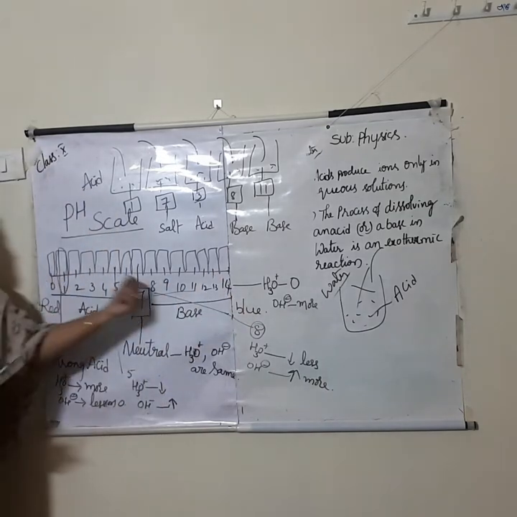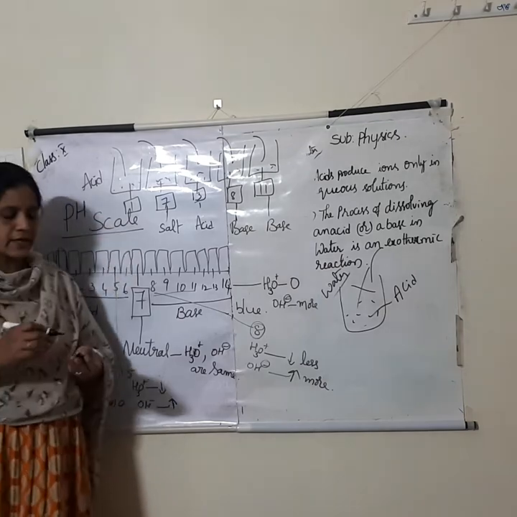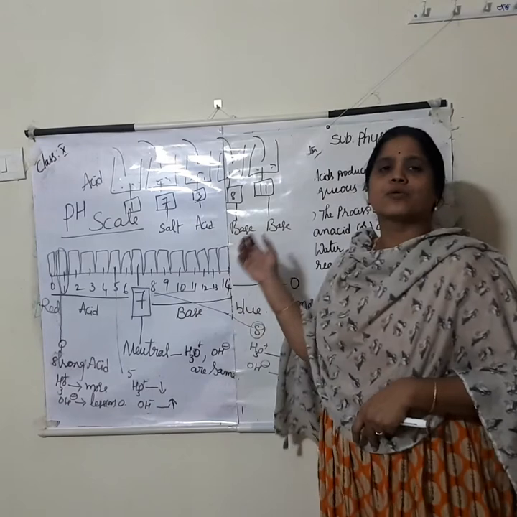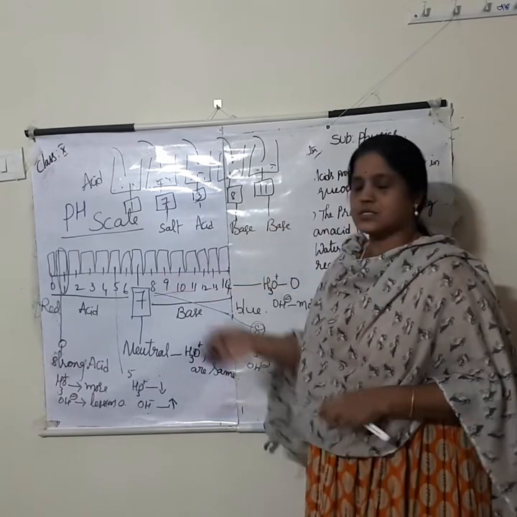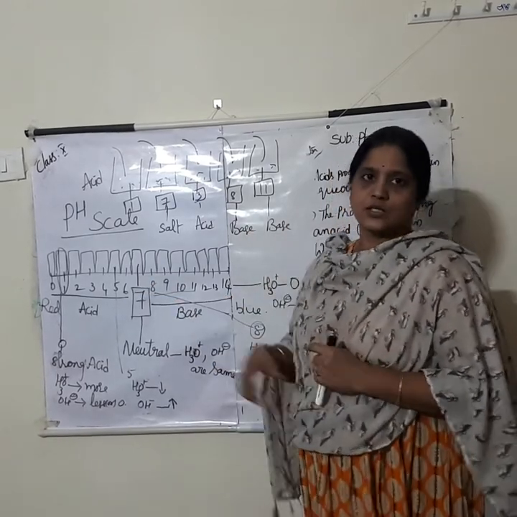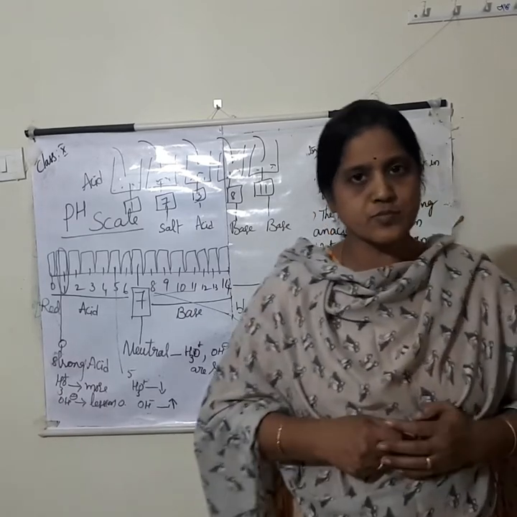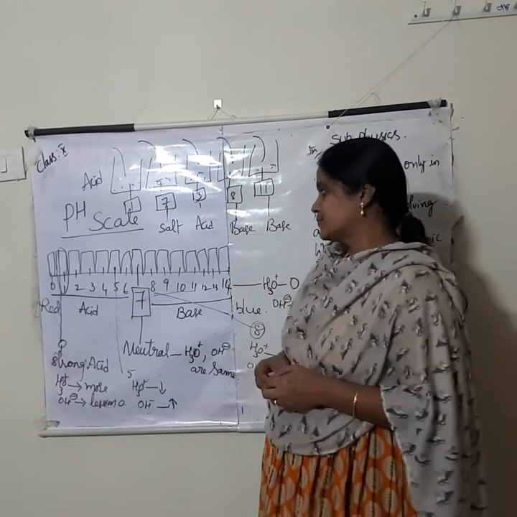Like that, you can compare the values by using the universal indicator, either by the color change or by comparing with this scale. That color change you can apply to this scale. So this scale is known as the pH scale and it was introduced by Sorensen.